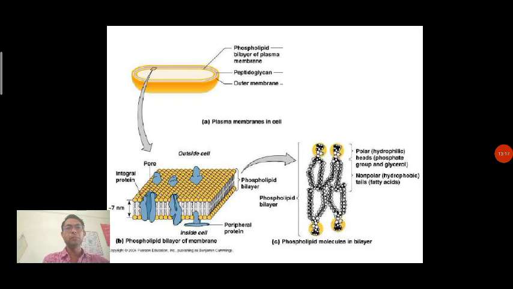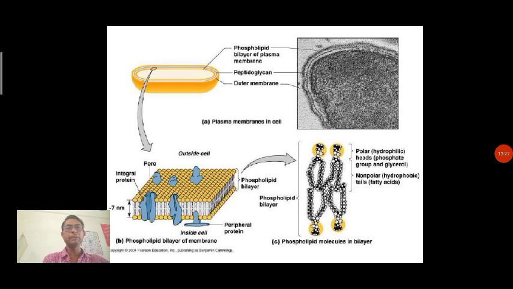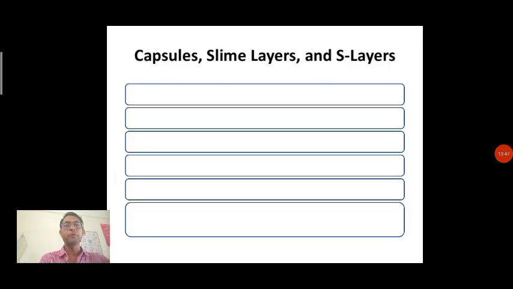This is the phospholipid structure, and this is the scanning electron micrograph of the bacteria, which shows the presence of the outer membrane, the presence of the peptidoglycan layer, and it also has a structure like the phospholipid bilayer of the plasma membrane. So this is the scanning electron micrograph, or microphotograph, of the bacterial cell.